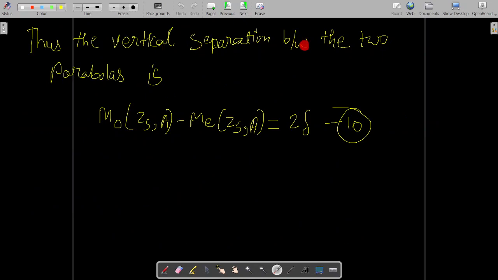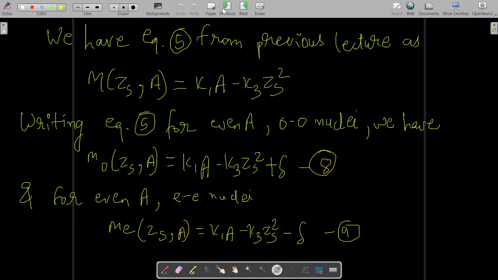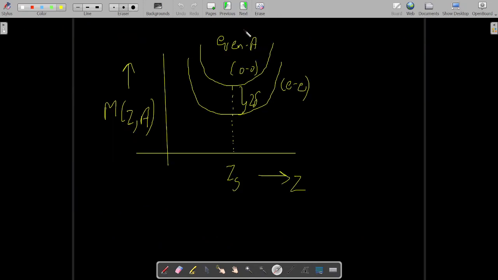Thus the vertical separation between the two parabolas will be given by the subtraction of these two, and it will be 2 delta everywhere. If we draw a vertical line over here, the difference between these two will also be 2 delta only.